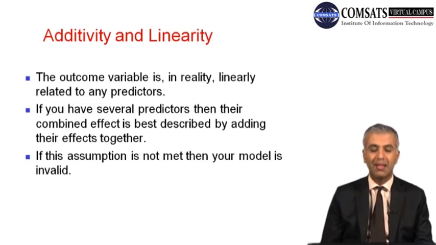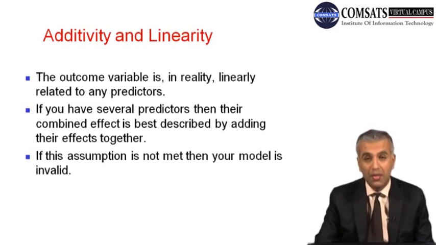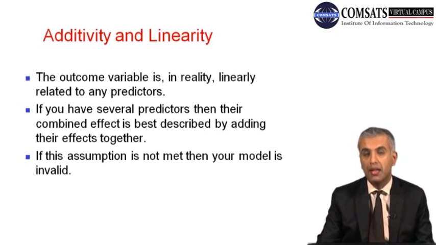And in case you have several independent variables and a dependent variable, then you have to find out their combined effect, and you have to ensure that there is linearity in their combined effect as well. If this assumption is not met, then that means your model is not up to the task and it won't be valid enough.